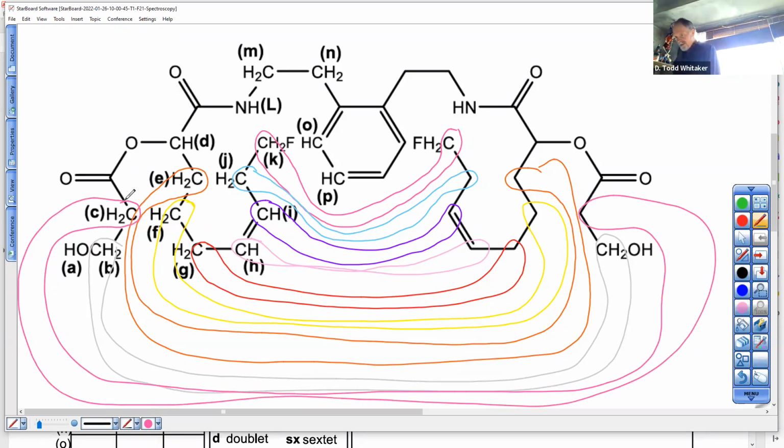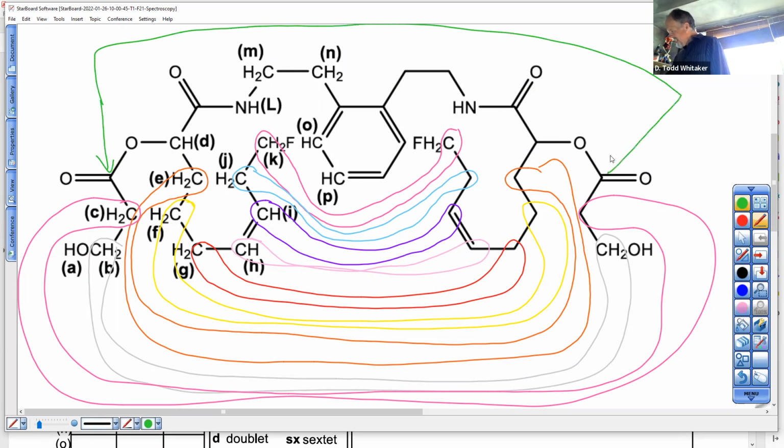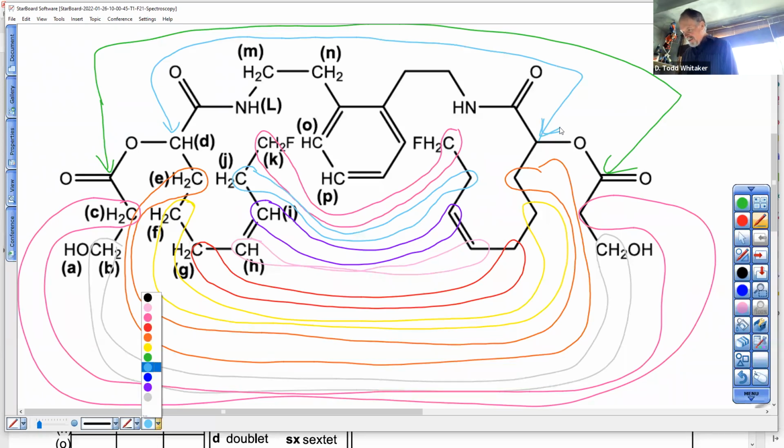There we go. Carbonyl. Can I just use arrows from now on? How about that is the same as that? I think you got the idea, right? So we're counting arrows or circles. Carbonyl. Oh, he's green again. Okay. Ends don't count. These are for carbons.